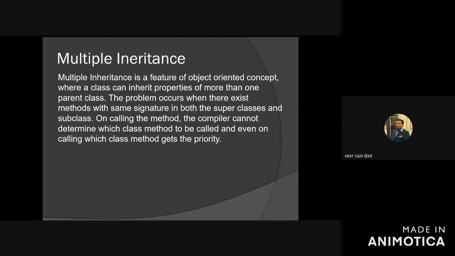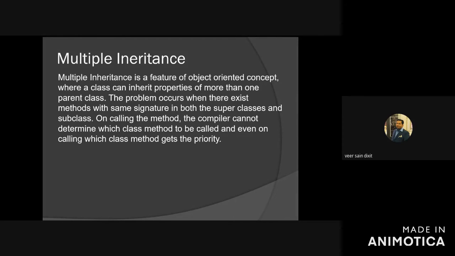Multiple inheritance is a feature of the object-oriented concept where a class can inherit properties of more than one parent class. The problem occurs when there exist methods with the same signature in both the superclasses and subclasses. It means that you are overriding the methods.